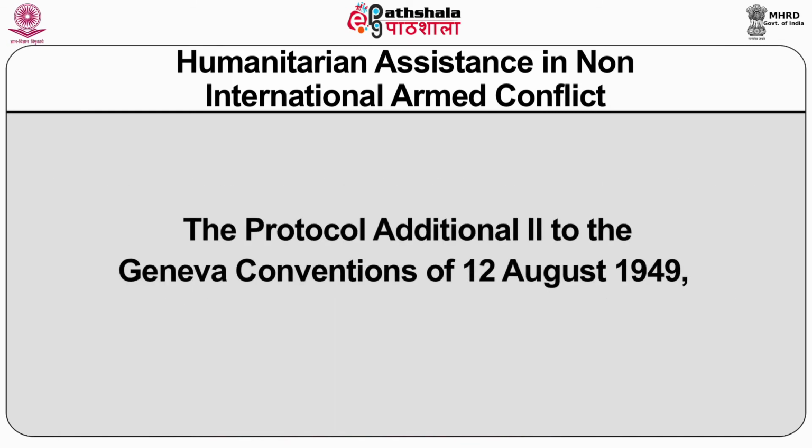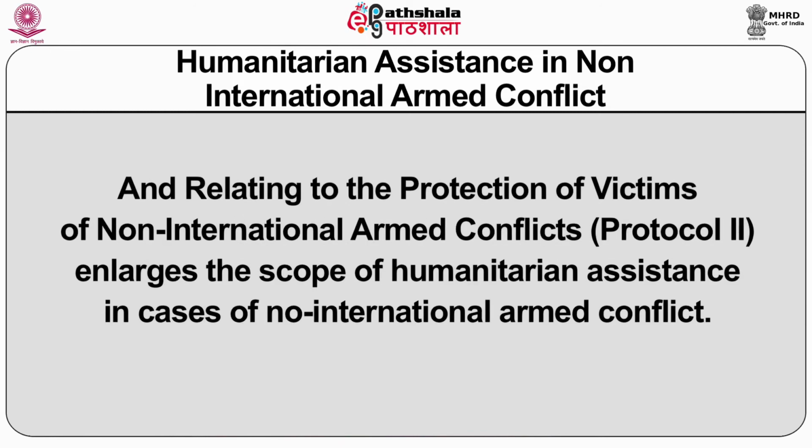Protocol Additional 2 to the Geneva Conventions of 12 August 1949, relating to the protection of victims of non-international armed conflicts, enlarges the scope of humanitarian assistance in cases of non-international armed conflict.